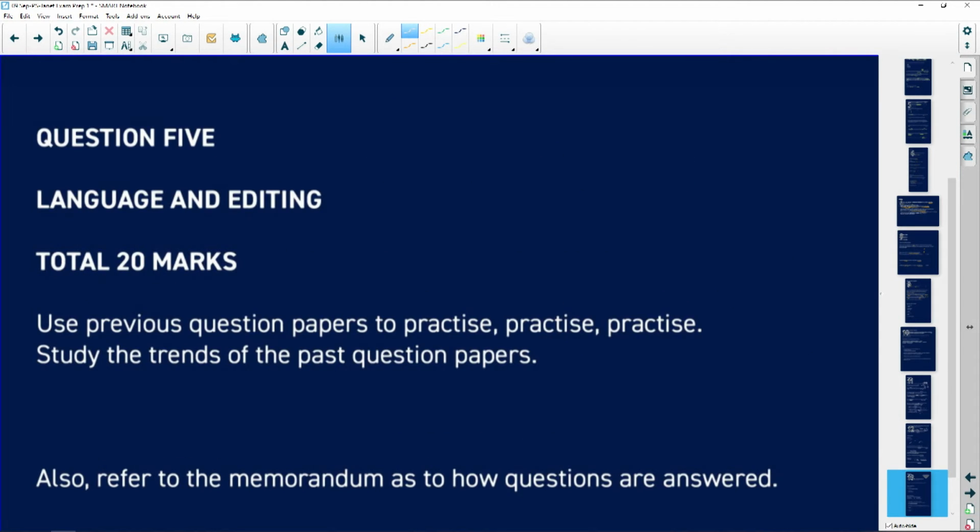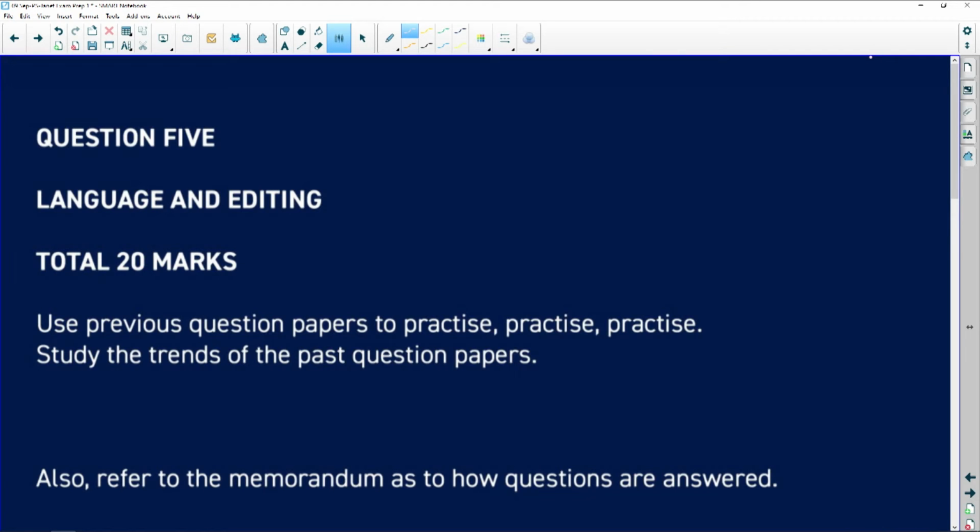We move now into the last section. This is your language question. If you use previous question papers and you look at what the examiners have been asking over at least the last 5 years, you can get 20 out of 20.